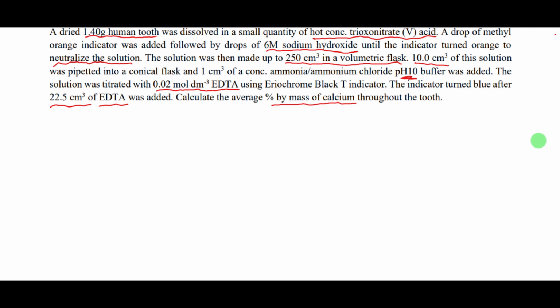First of all, the calcium would be converted to calcium ions by the concentrated trioxonitrate(V) acid, as shown here in the equation on the screen.